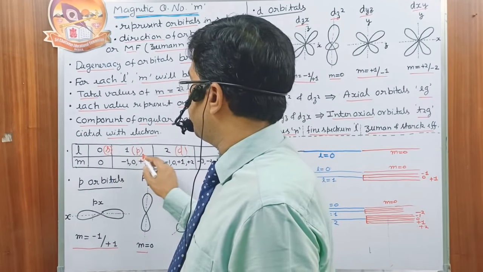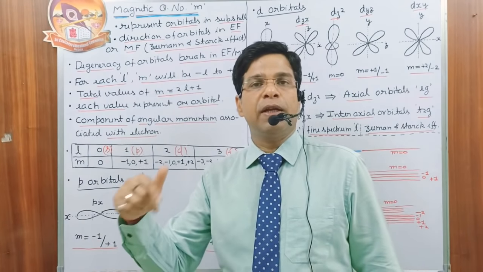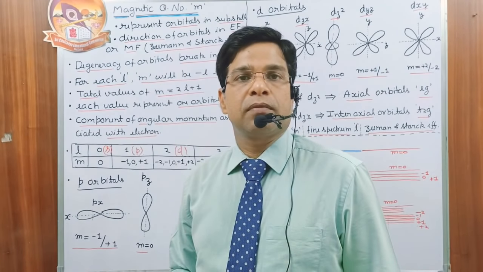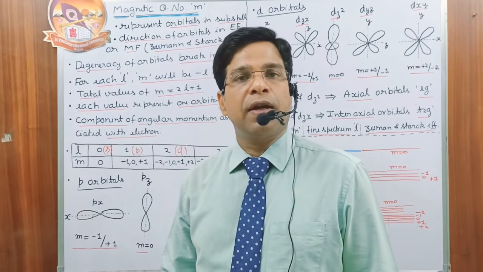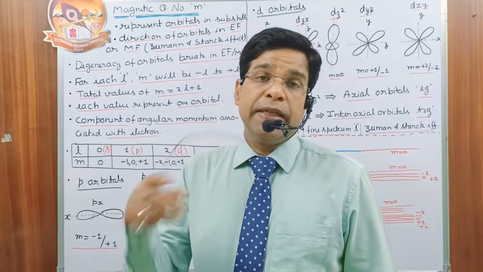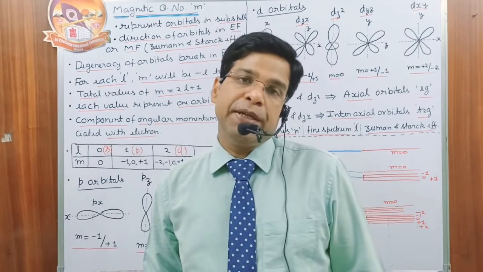In the P subshell we have 3 orbitals: one orbital is minus 1, the second is 0, and the third is plus 1. These 3 orbitals are Px, Py and Pz. These three p orbitals combined give one p subshell.